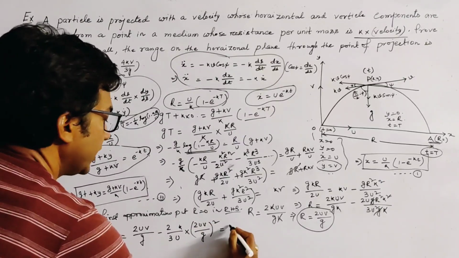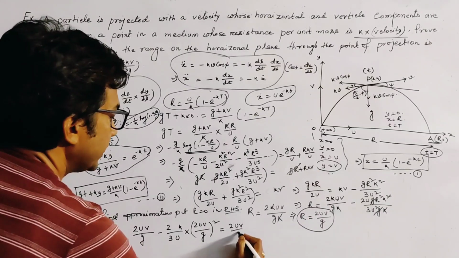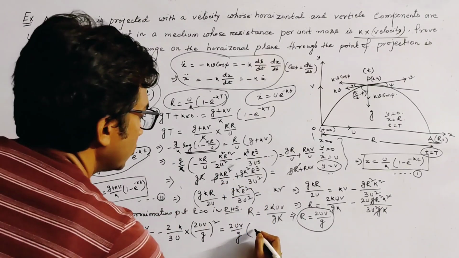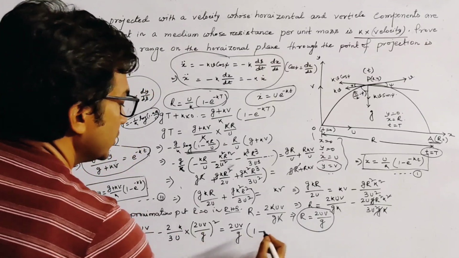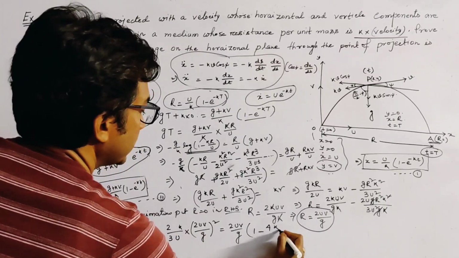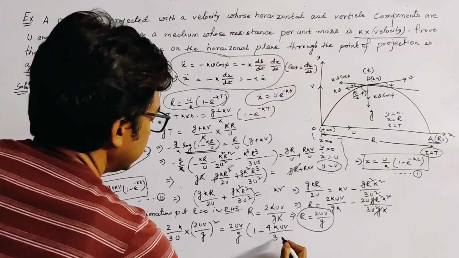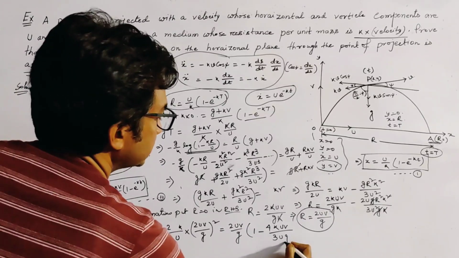This is given by 2uv by g into, taking common 2uv, 1 minus 4kuv by 3ug.